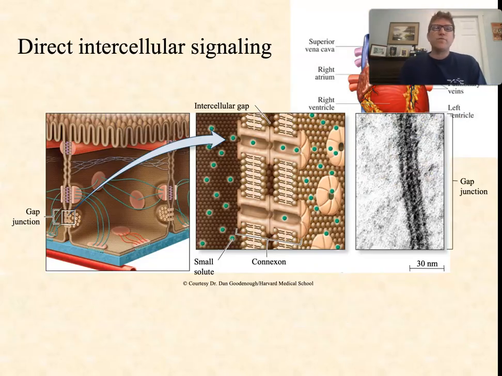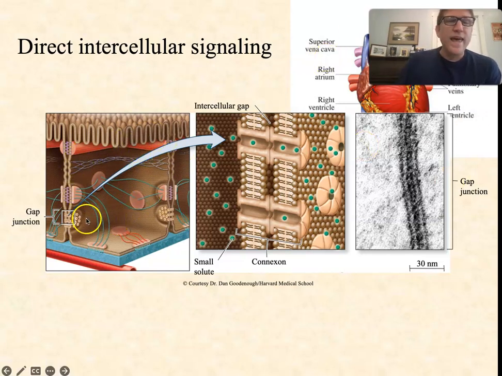So here's an example of direct intercellular signaling in the human heart, also in muscle tissue, very important, where you've got cells that are tightly packed next to one another in a tissue, and they have a particular type of connection between them called a gap junction.